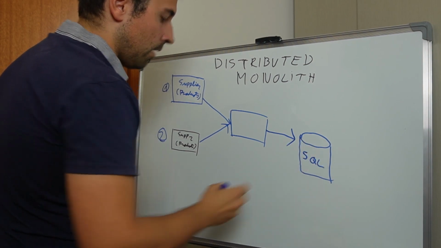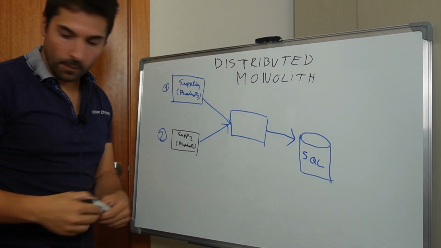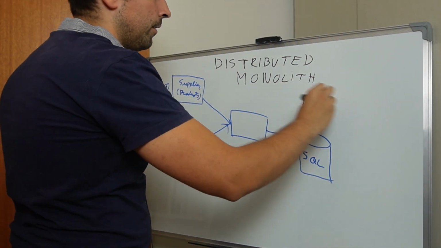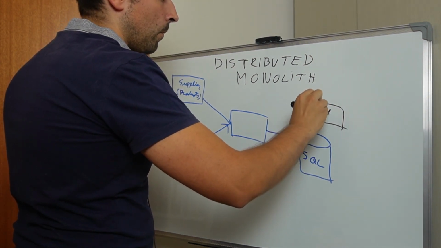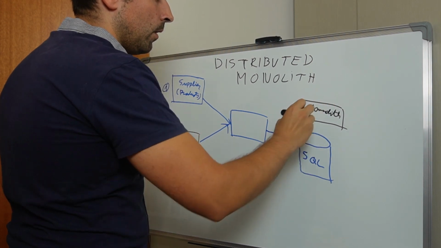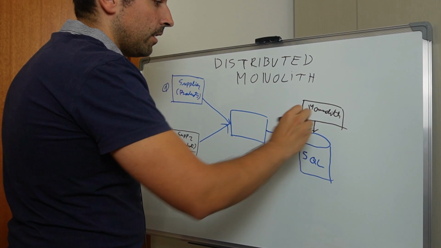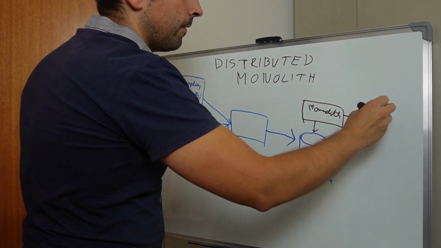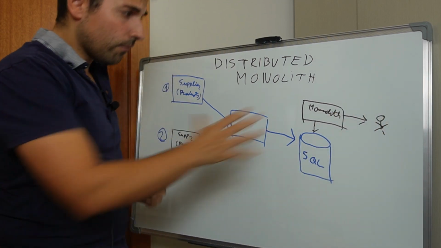And then on top of that, a monolith. So you have here your precious monolith. And the monolith was exposing the data, just querying data and showing the final users what type of data it was, and so on. Which is fine.